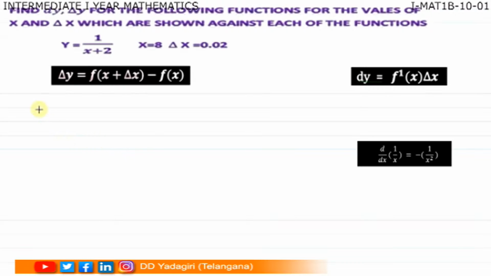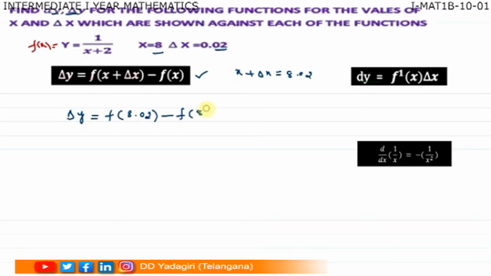Now this is the second problem. Again here f of x is equal to y is equal to the given function. From that we have to calculate dy and delta y value. Again we know the formula. Delta y is equal to f of x plus delta x minus f of x, where x plus delta x is 8 plus 0.02, that is 8.02. So delta y is f of 8.02 minus f of 8.